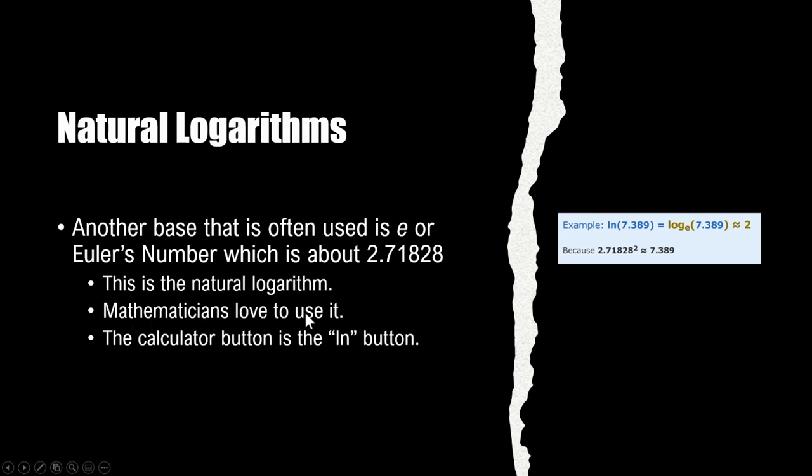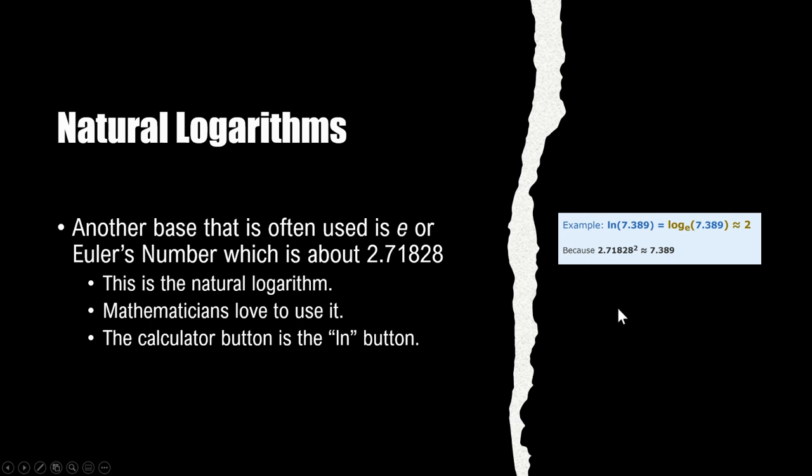Mathematicians love it. It is the calculator button that says LN on it. So if you look over here, LN 7.389 is the same thing as log base e of 7.389, which is about 2, because 2.718 squared is approximately 7.389. That's how it looks in a problem.